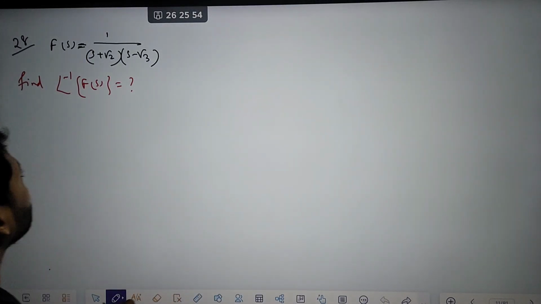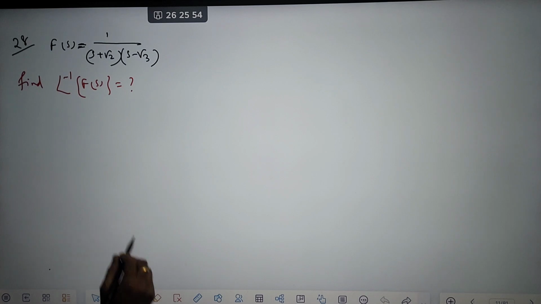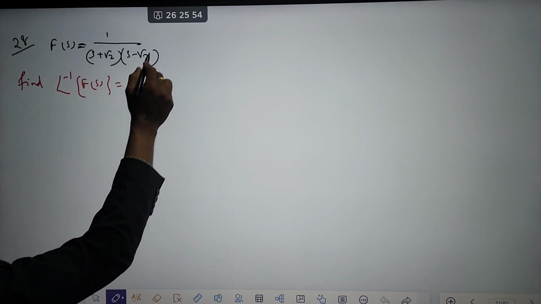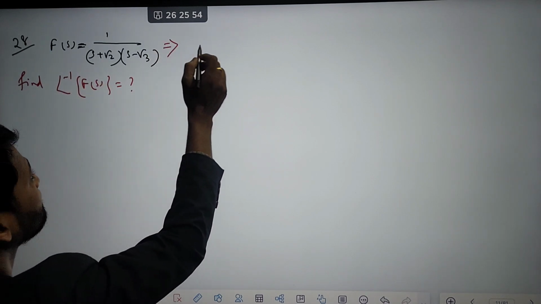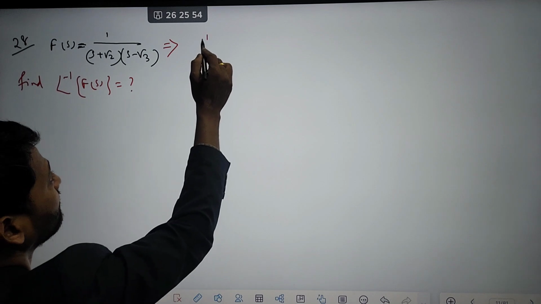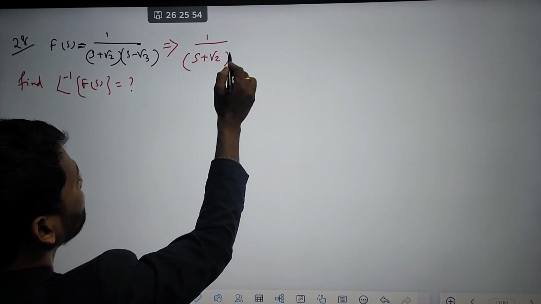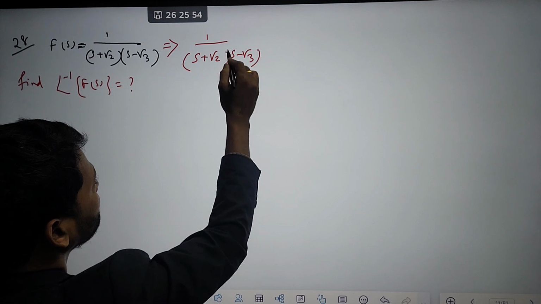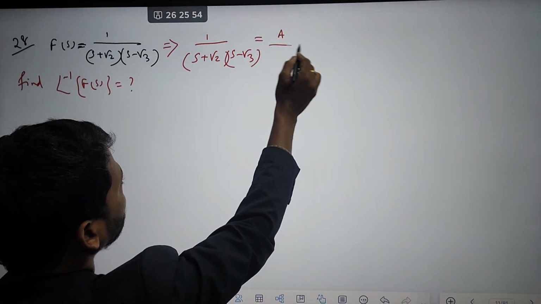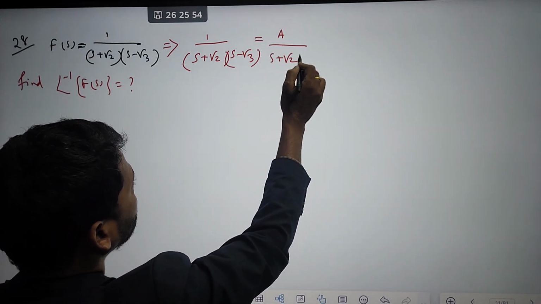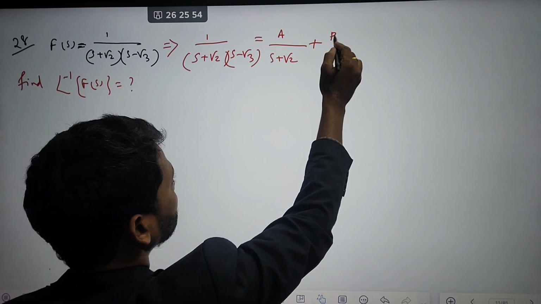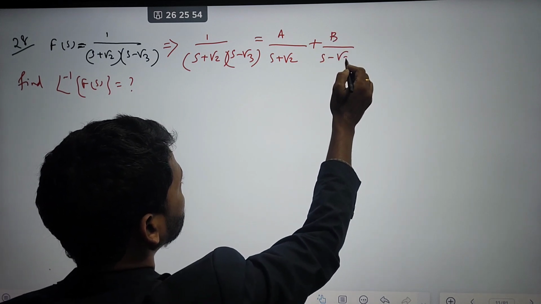Coming to the next question, question number 28. F(s) is given as 1 by (s plus root 2)(s minus root 3). We find out the Laplace inverse of F(s). See, by using partial fractions, we can write 1 by (s plus root 2) into (s minus root 3) is equal to A by (s plus root 2) plus B by (s minus root 3).